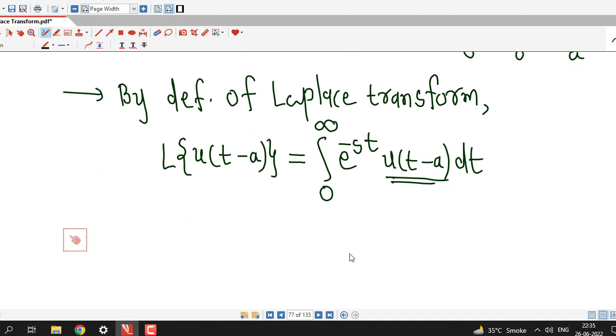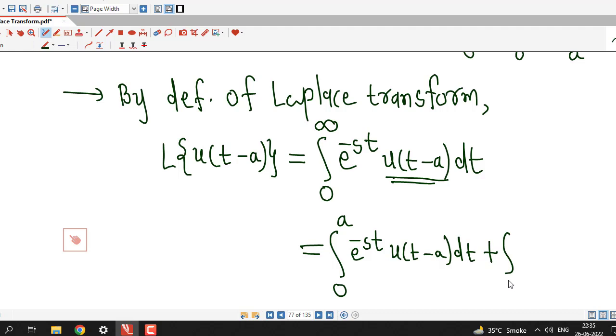So first we break this integral into two sub integrals: 0 to a of e raised to minus st u(t minus a) dt plus the integral from a to infinity of e raised to minus st u(t minus a) with respect to t.